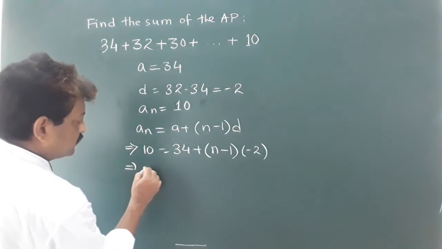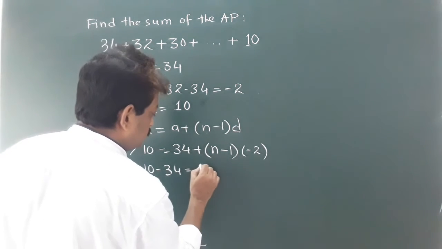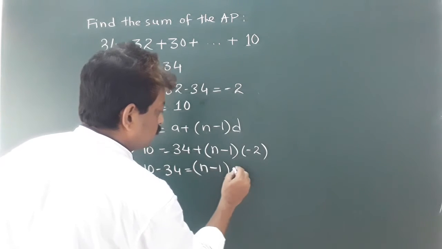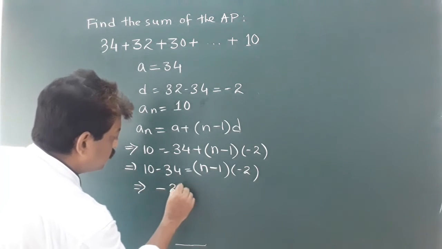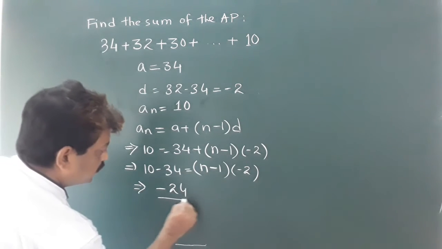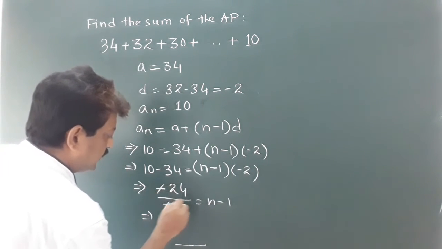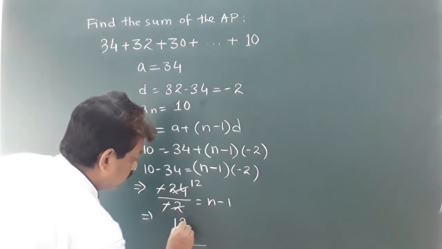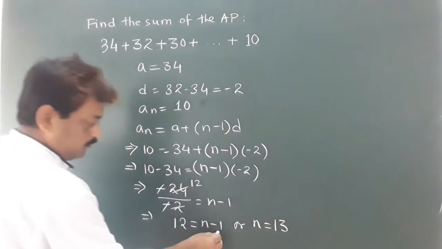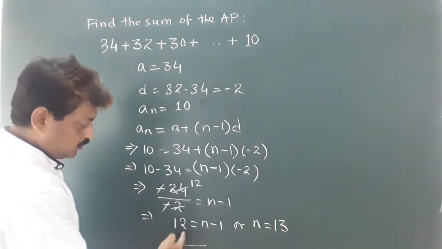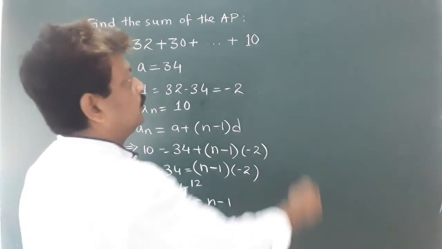So 34 will come to this side, 10 minus 34, equals (n minus 1) multiplied with minus 2, so it is minus 24. This minus 2 will come to the denominator, this will be n minus 1. So by cancelling we have got 12 equals n minus 1. This minus 1 will go to the left hand side, so it will become 12 plus 1, that is n equals 13. Therefore we have got the number of terms also.